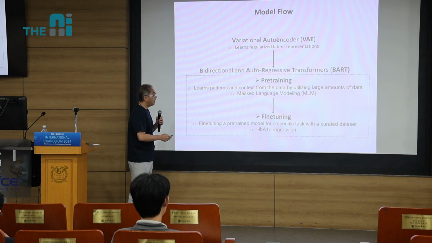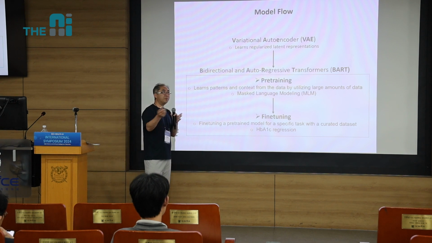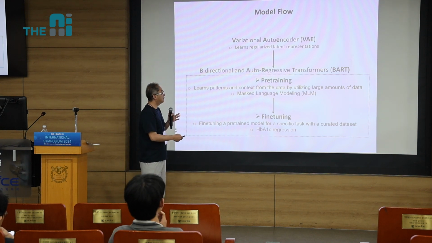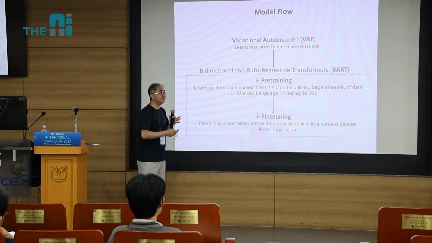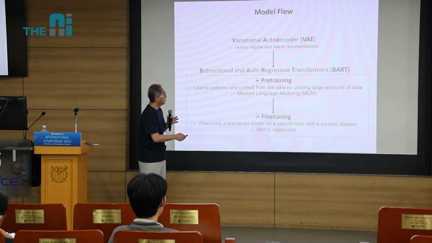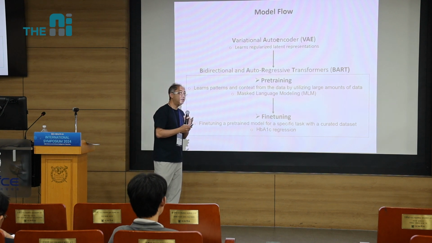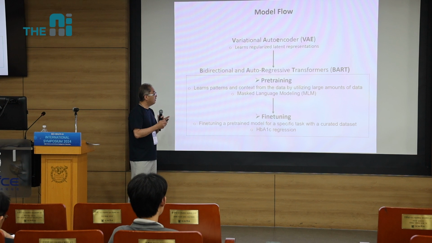And then this is pre-training data. We learn everything from whatever patient has these 59 variables. But for fine-tuning, we wanted to do transfer learning with the pre-trained information to predict HbA1c level and eGFR level, the glomerular filtration rate.